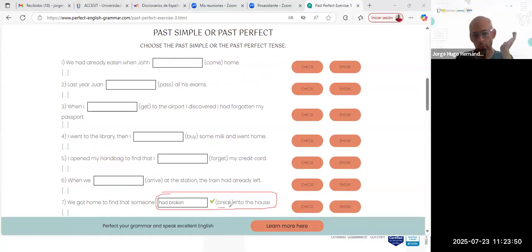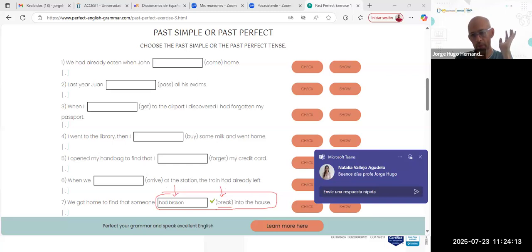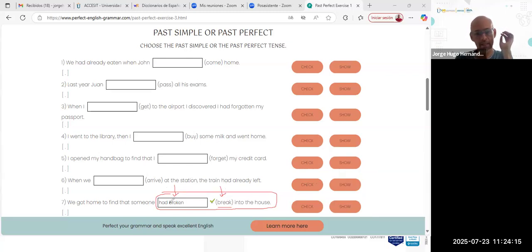Okay, then the regular meaning of break from the pair. That's right. But here in this sentence, it has another meaning. Had broken into the house. It means that alguien había entrado en la casa. Okay? So remember, this is a phrasal verb, broke into or break into, and it has a different meaning.